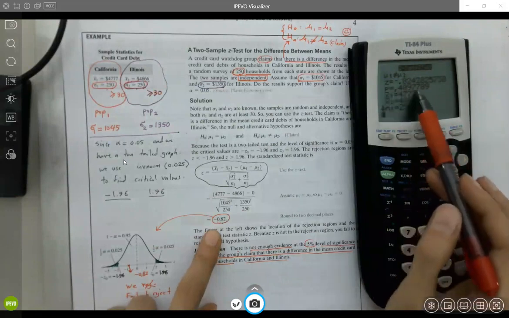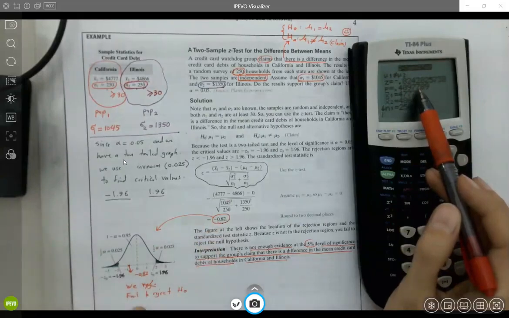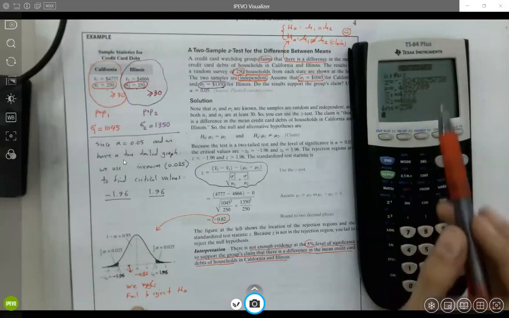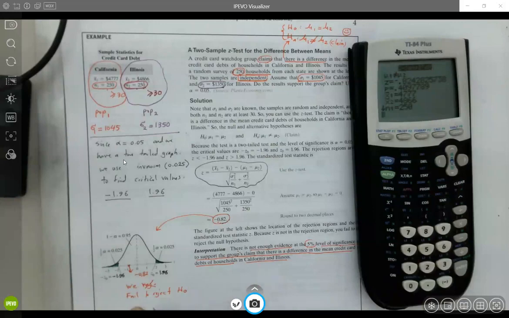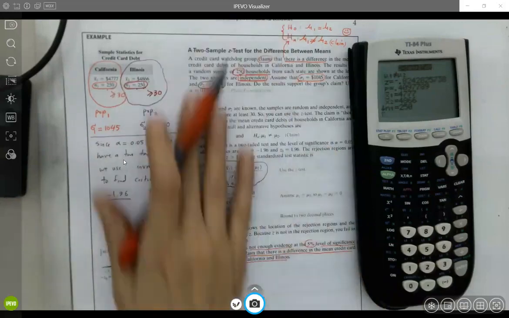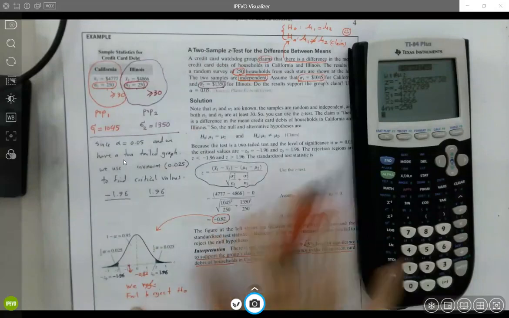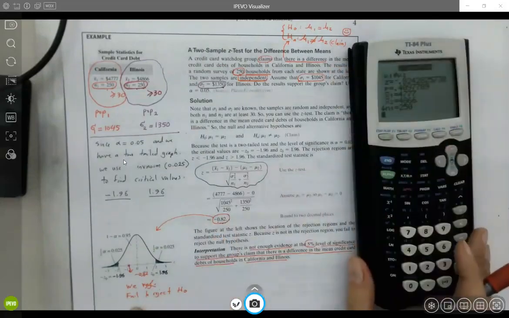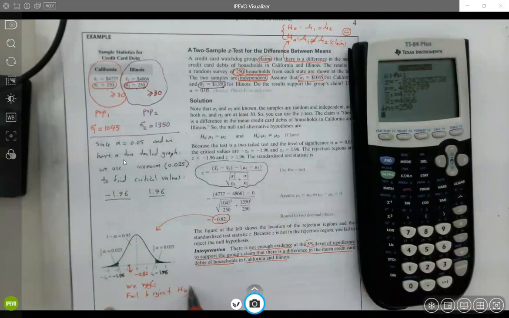It means that we fail to reject the null hypothesis, the exact same result. So it doesn't matter if you use your null hypothesis, alternative hypothesis, and the rejection region or use the calculator. The outcome are the same.